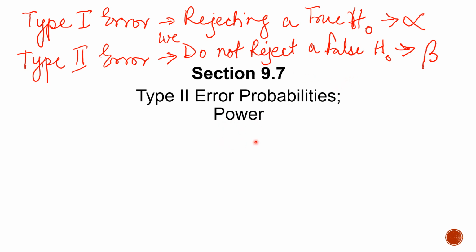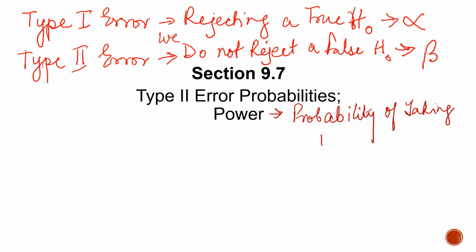And power means the probability of taking the correct decision. All right, so power represents the probability of taking the correct decision. Okay, so given that, we will now proceed and talk a little more about type 2 error probabilities.